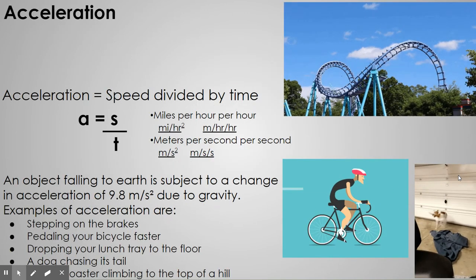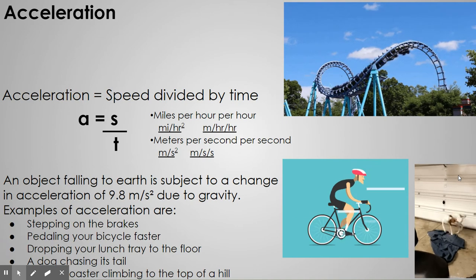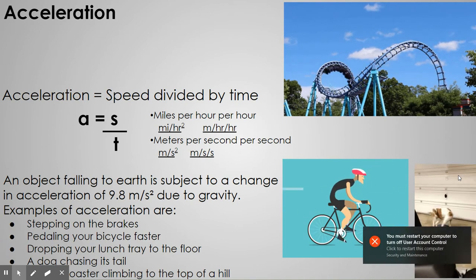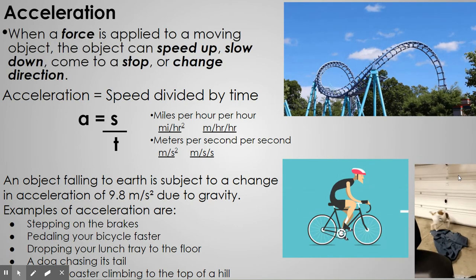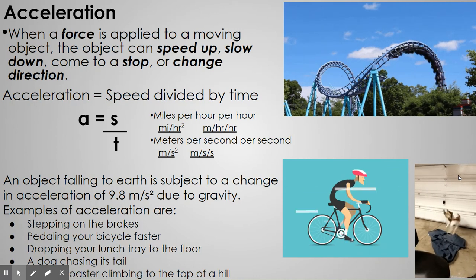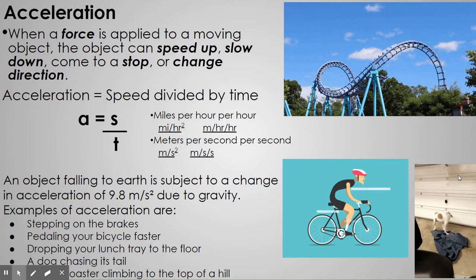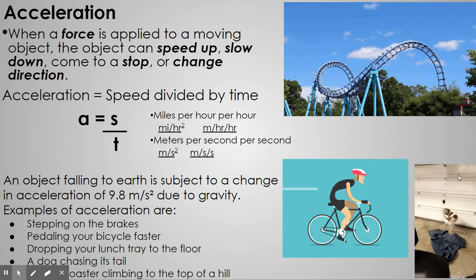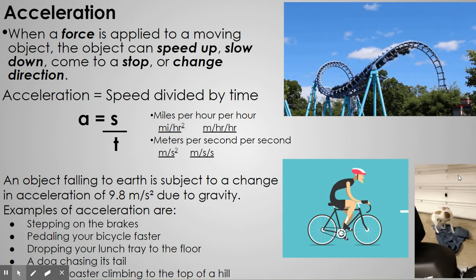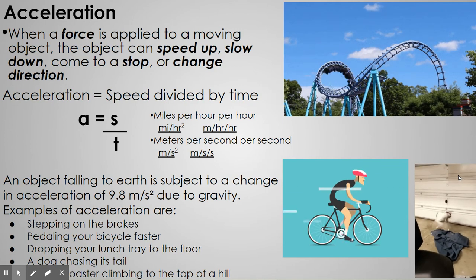And finally, we have acceleration. Okay, acceleration is when a force is applied to a moving object. The object can speed up, slow down, come to a stop, or change direction. Okay, so please, when you write your definition, put that.